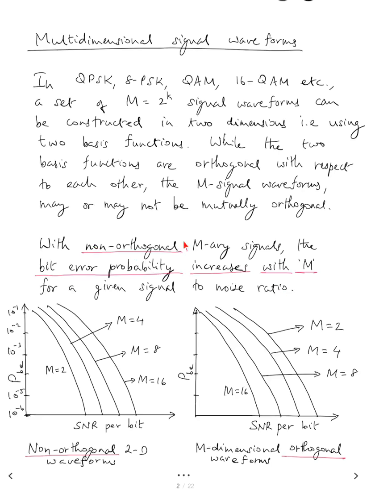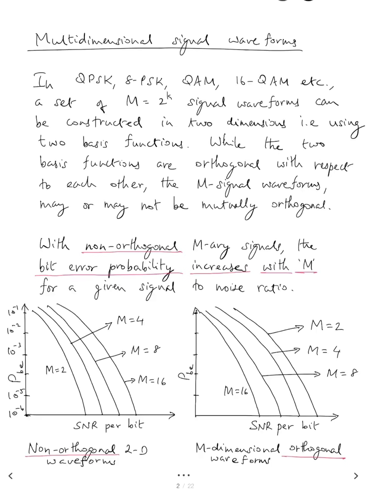This happens when we use non-orthogonal waveforms, as in the case of our two-dimensional M-ary signals. This can be viewed in a different way. Rather than saying the error probability increases with m for a particular signal to noise ratio, we can also interpret this as: to achieve a certain bit error probability, what is the signal to noise ratio required for different values of m?